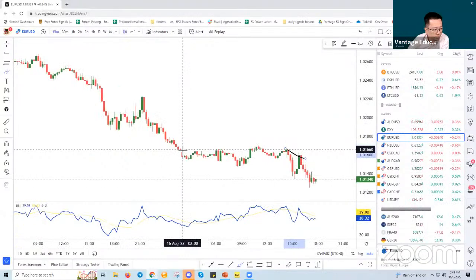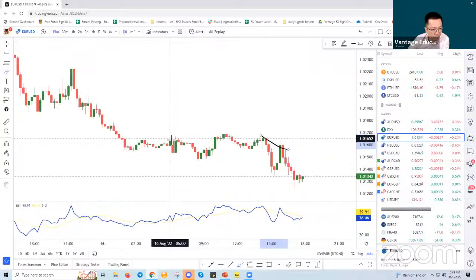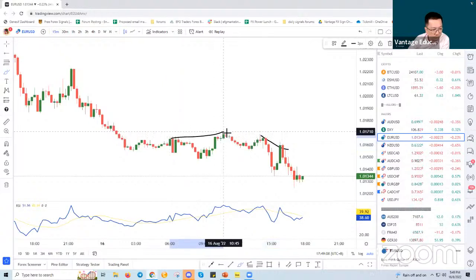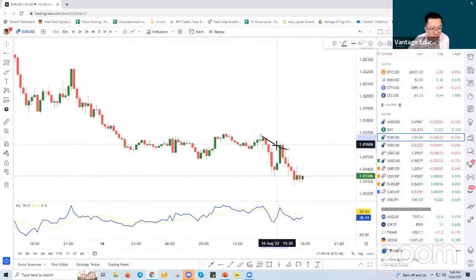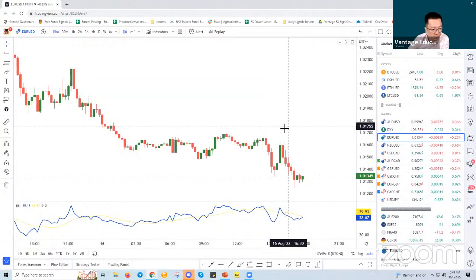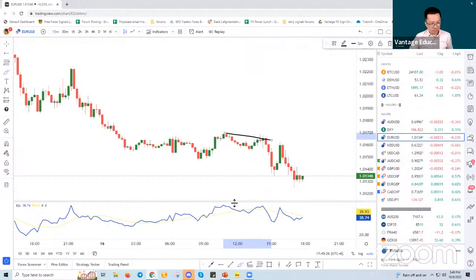Let me find an example. Price going higher. No, nothing there. Oh, okay. That might work. So you could have price moving slightly lower there. Nope, that doesn't work as well.